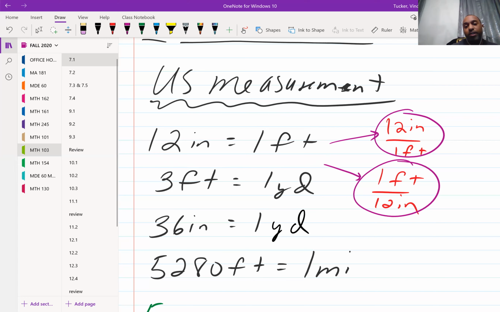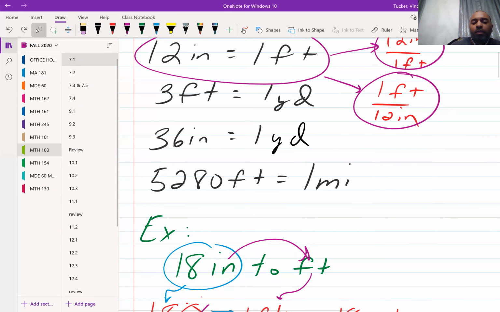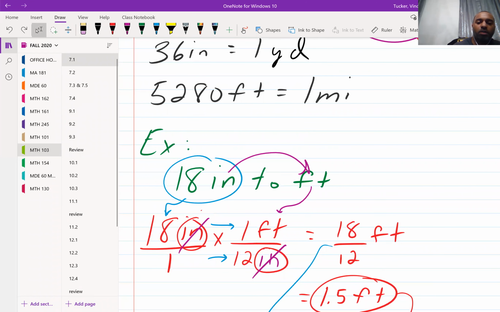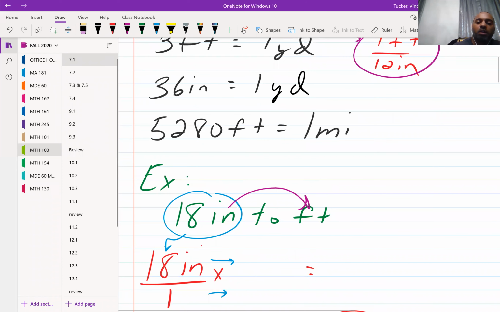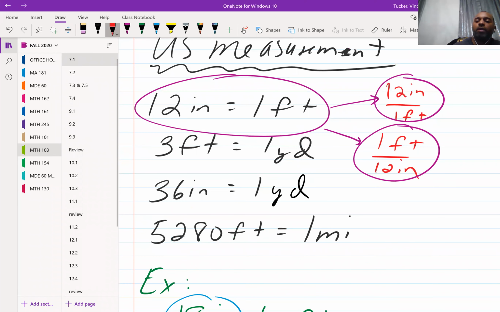Like I say, if I have a certain amount of inches and I want to go to feet, I would use 12 inches is equal to 1 foot in one way or another. So if I want to go from inches to feet, I have 18 inches. I would find the conversion factor that deals with inches and feet, which is right here. So now I can set this up one of two ways.